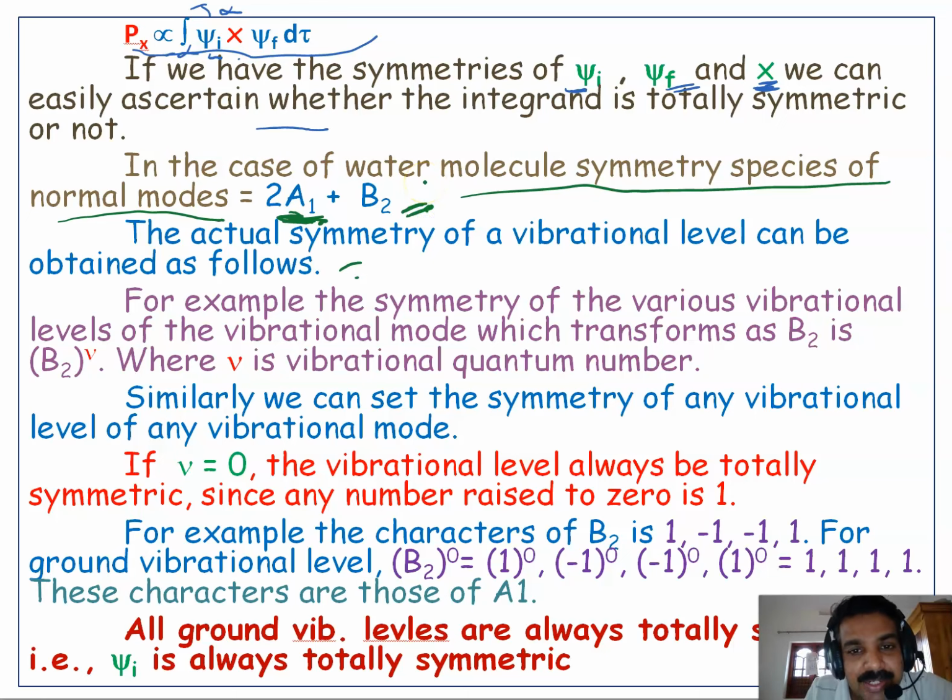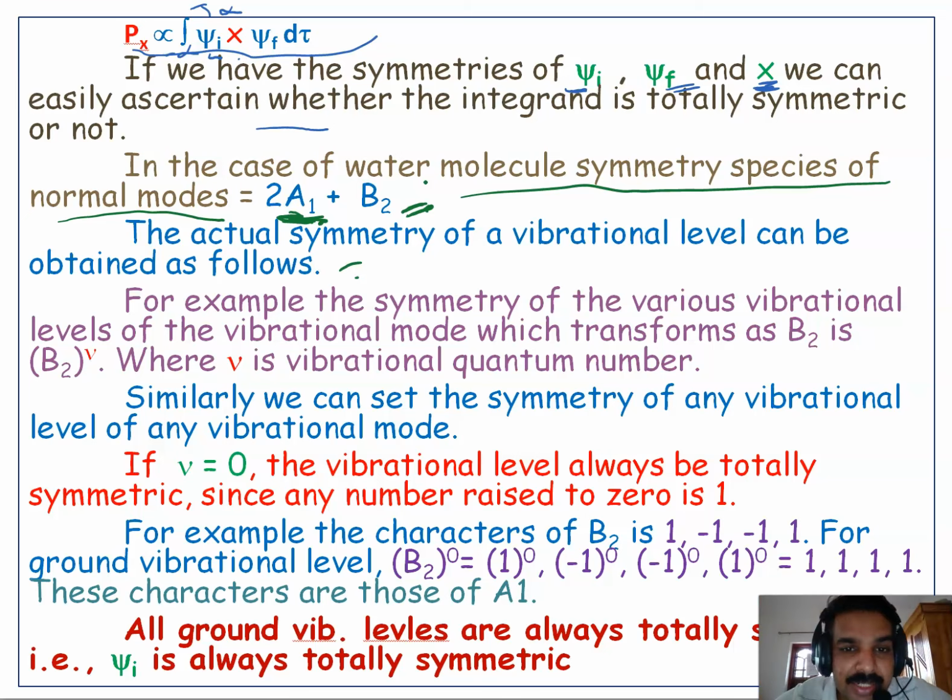Listen carefully, each mode has different levels. For example, for symmetric stretching mode, there is the ground level, first excited level, second excited level. Similarly for asymmetric stretching, there is ground level, first excited level, second level, and so on.